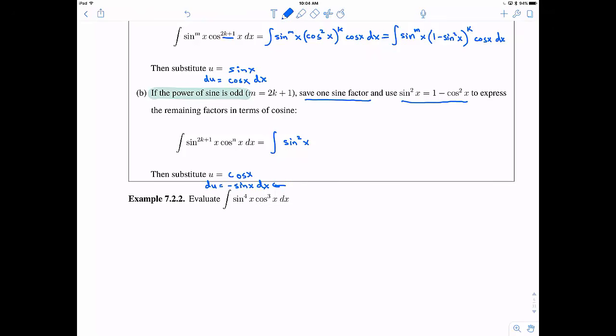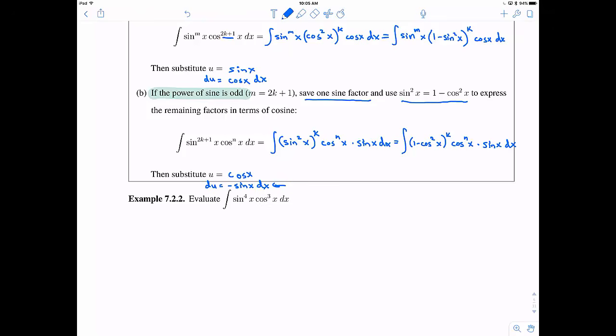We're going to leave one of them to be eaten by this dx, and the rest of them we're going to turn into cosines. So we group them as sine squared of x to the kth power, leave all the cosines alone, and then this one, well, really, it's going to become like a negative du. That's fine. So we're going to have the integral of, instead of sine squared, I'm going to write 1 minus cosine squared. There's k of them, and then there's n cosines, one sine left over, and a dx.